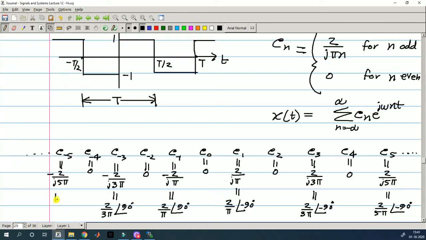C minus 5 is 2 by 5 pi with angle plus 90 degree. And the even coefficients are 0. Now this long list or table can be represented nicely in the form of a graph.